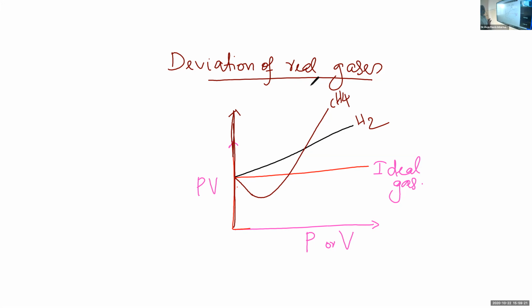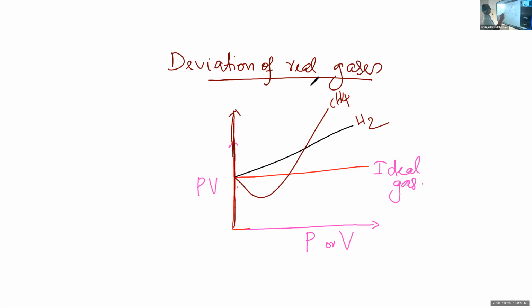So for real gases, a graph between PV and P is not always a straight line. The graph is found to be either a straight line going up, which means PV is greater than that expected for an ideal gas.